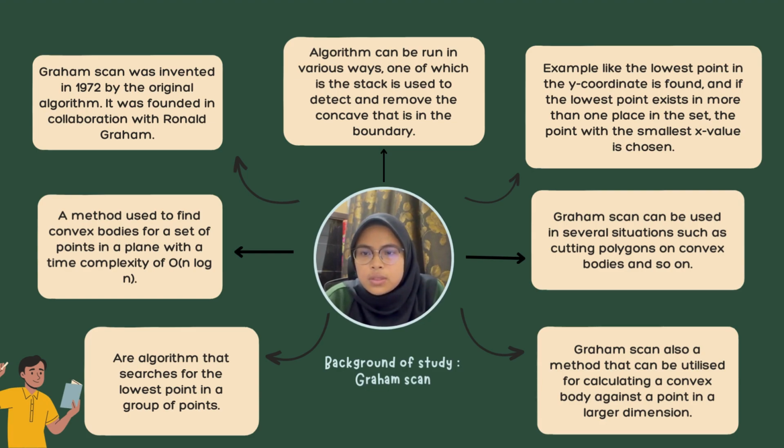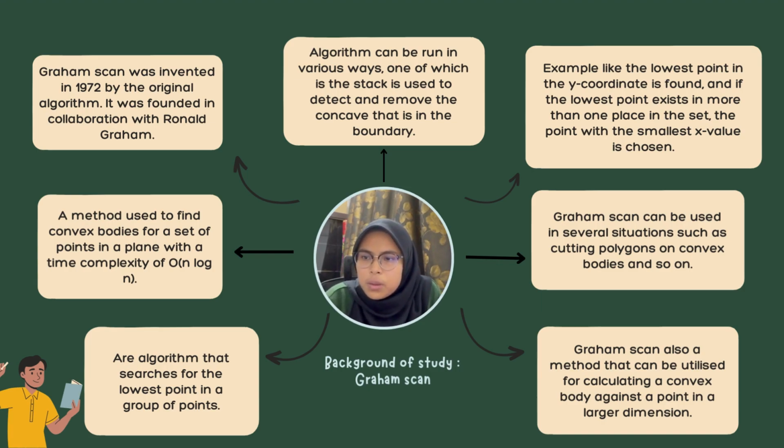Actually, finding the lowest point in a collection of points is how the Graham scan operates. The remaining points are subsequently organized according to their polar angle with regard to the lowest point. After that, the algorithm keeps a stack of points that are currently on the convex hull by iterating through the sorted points. A point is removed from the stack if it causes the existing stack to become non-convex.